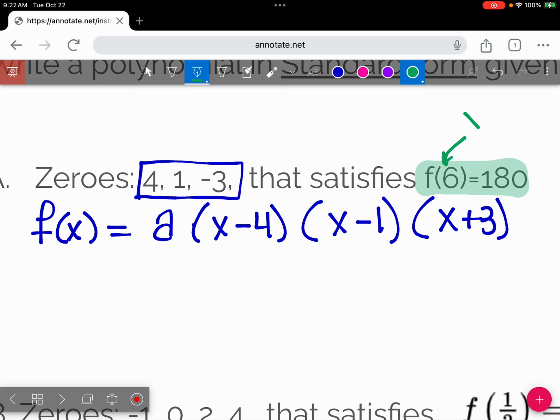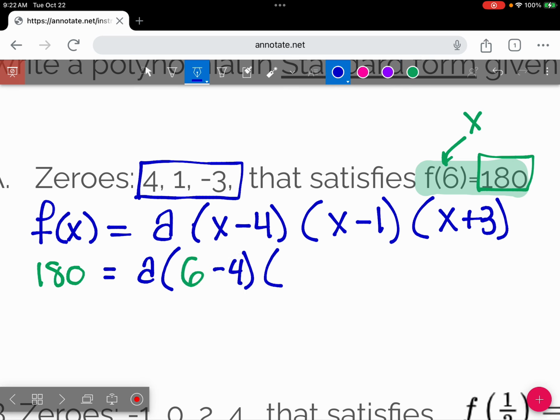So this is my x, and this will substitute in place of the f of x. So we're going to set this up as 180 equals our A, and we're going to take that 6 for our x. So it's 6 minus 4 and 6 minus 1 and 6 plus 3.